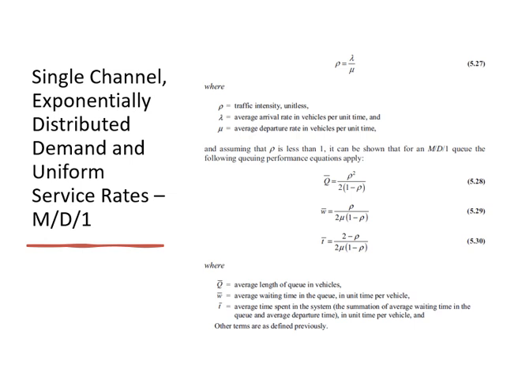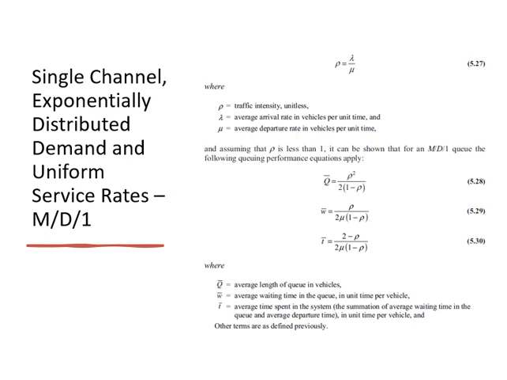The first thing we calculate in this case is the queue intensity rho, which is the arrival rate upon the departure rate. If rho is less than 1, then you can calculate the average length of the queue, the average waiting time in the queue, and the average time in the system by using these three equations. In all these three equations, we need rho.